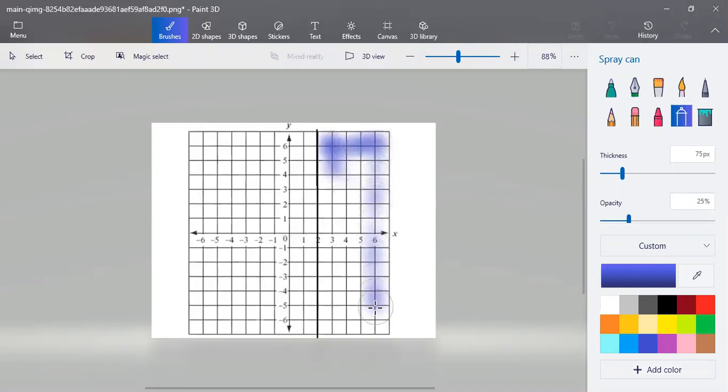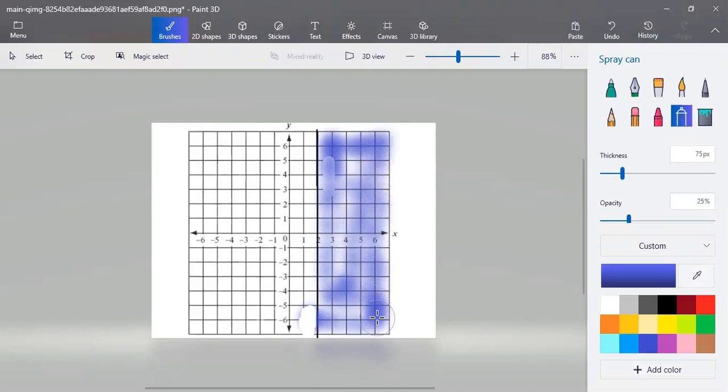So x can be 3, x can be 4, it can be 5, it can be anything, but not something which is less than 2. See, by mistake I colored that part also. You should not be coloring this part. You have to only color this. Okay, so this is going to be x is greater than or equal to 2.